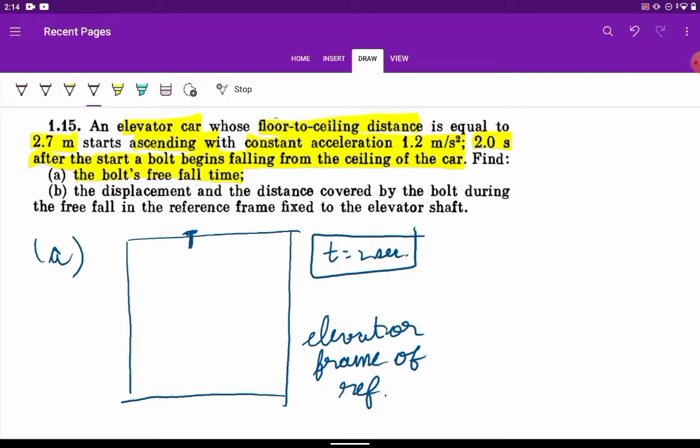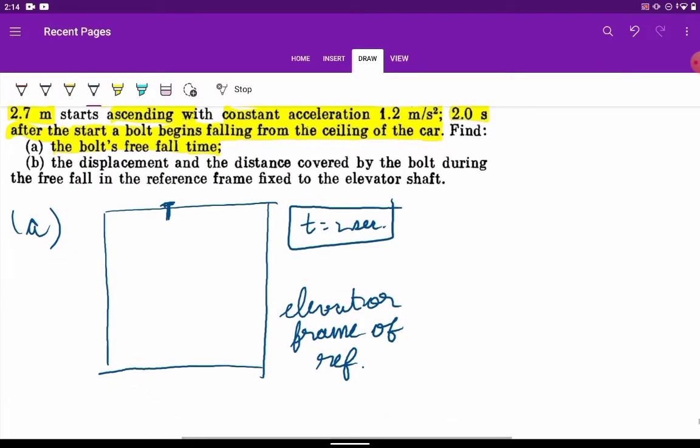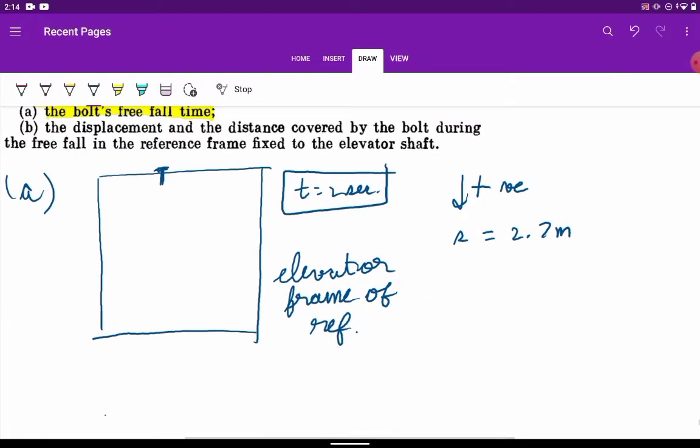in the free fall time, let's say we take the downward direction as positive, so displacement is in that case 2.7 meters. Obviously the initial velocity is 0, so it is stationary initially with respect to the lift.